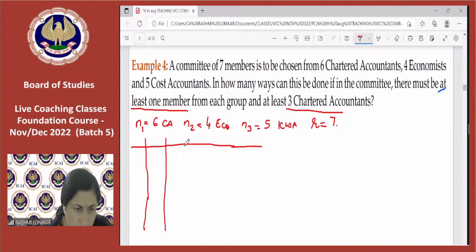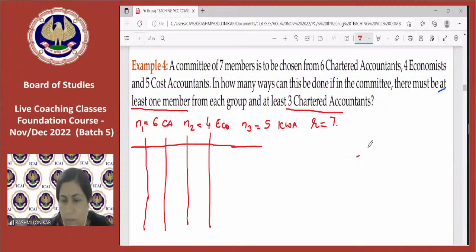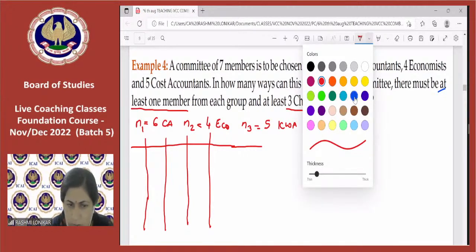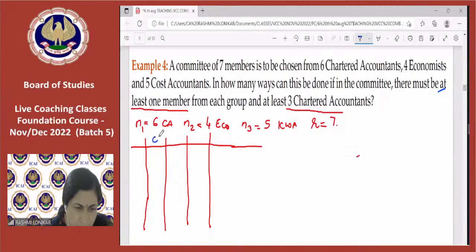What are the possibilities? Let us see. Okay, this is CA, this is economist, and this is ICWA. Okay. Now all this total should come to 7. What is the first possibility?